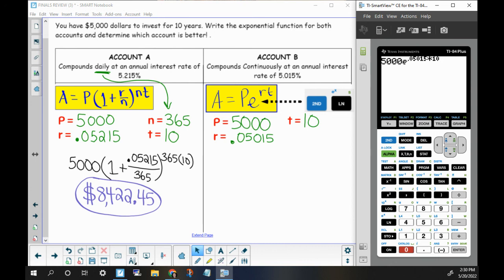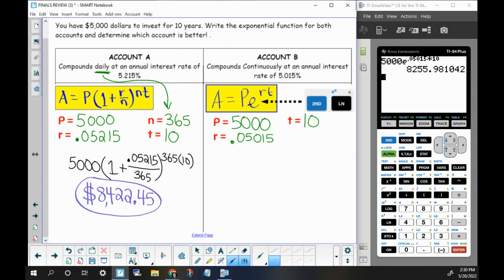We hit enter, and we get $8,255 and 98 cents.